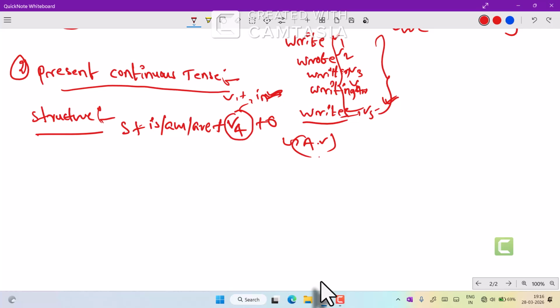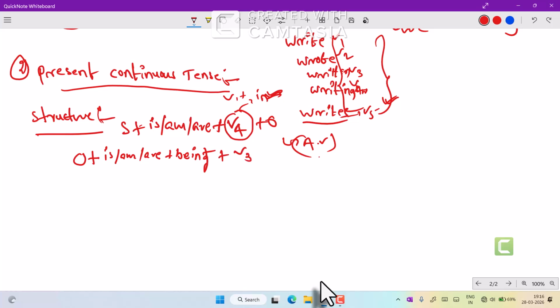Now we have to convert into passive voice, right? Now the structure is object plus is, am, are, plus being, plus V3.